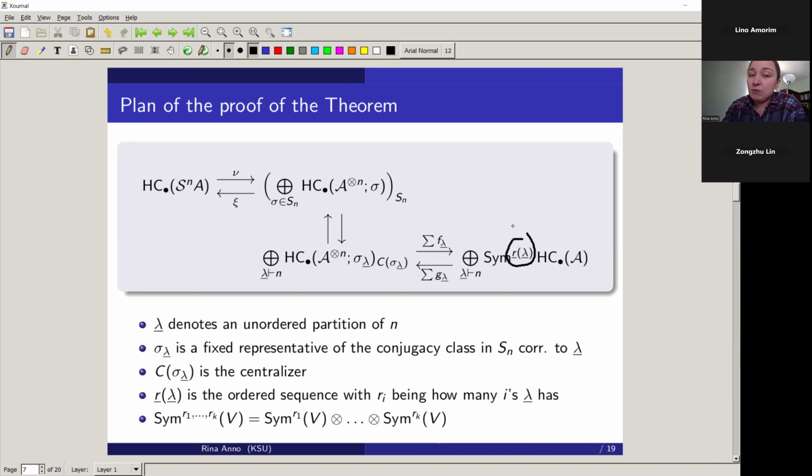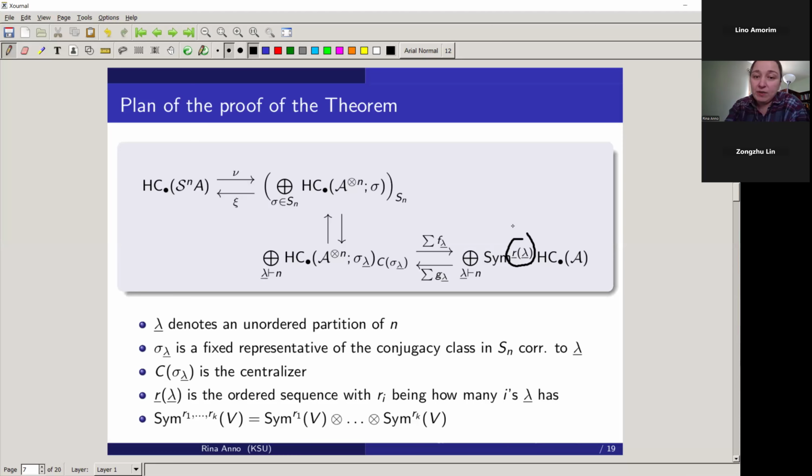But also, if the partition lambda has two terms that are equal, if we have two cycles of equal length in this decomposition, we can also interchange them. So that would also be in the centralizer. So we split sigma sub lambda into groups of cycles of the same length.